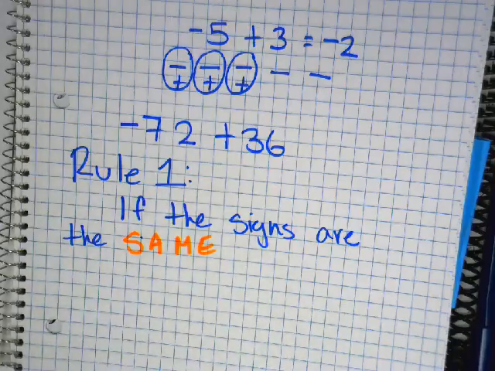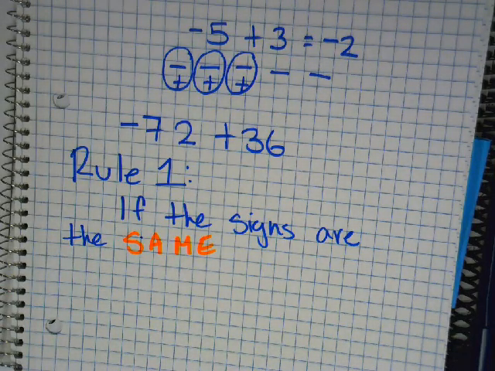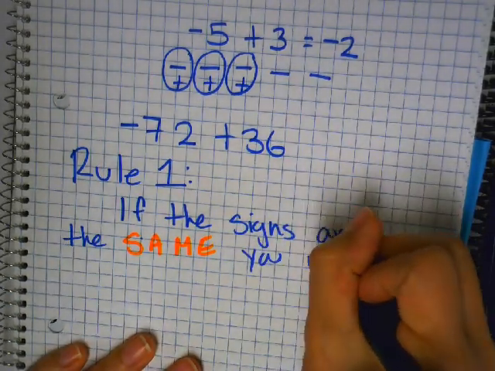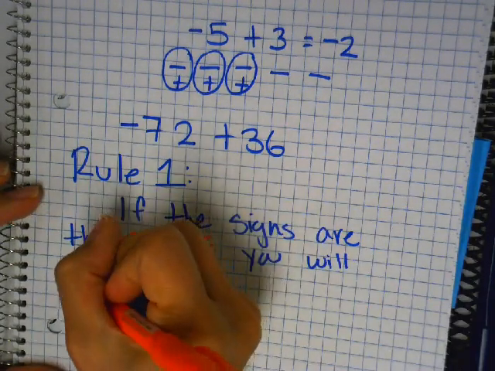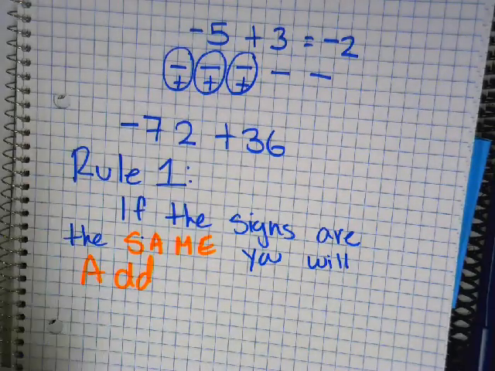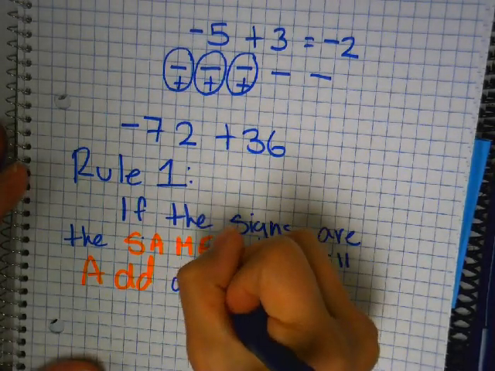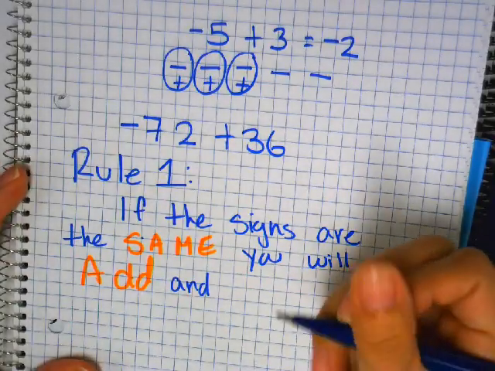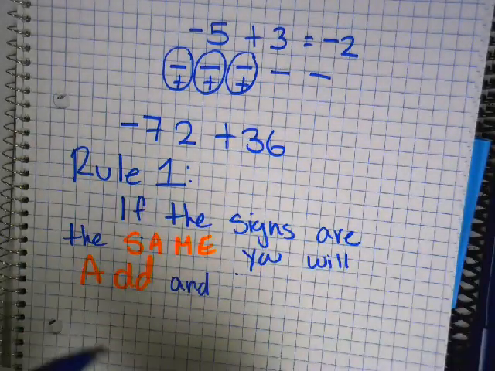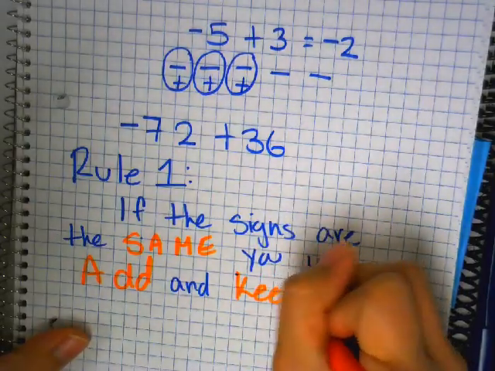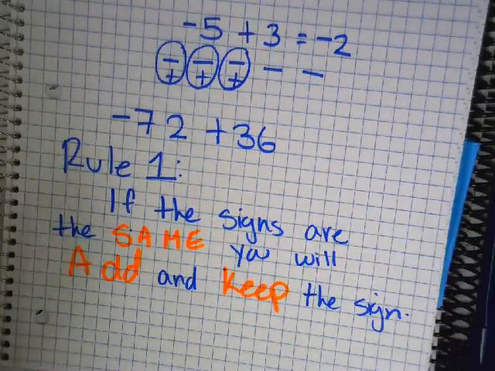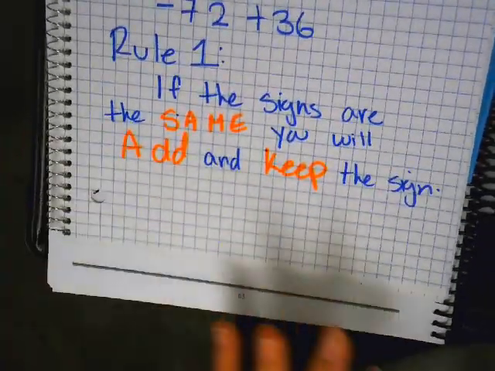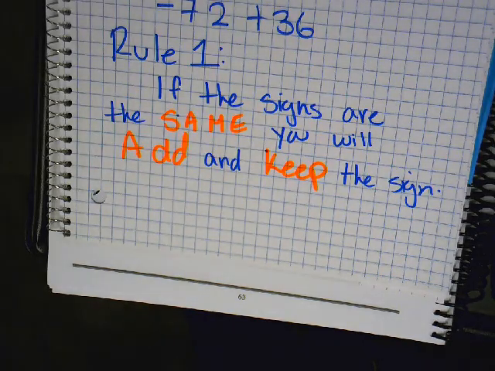If the signs are the same, meaning they're both negatives or they're both positives, what would I do? Add. If the signs are the same, you will add. And what do I do with the sign? Keep. Very good. So if the signs are the same, you will add and keep the sign.